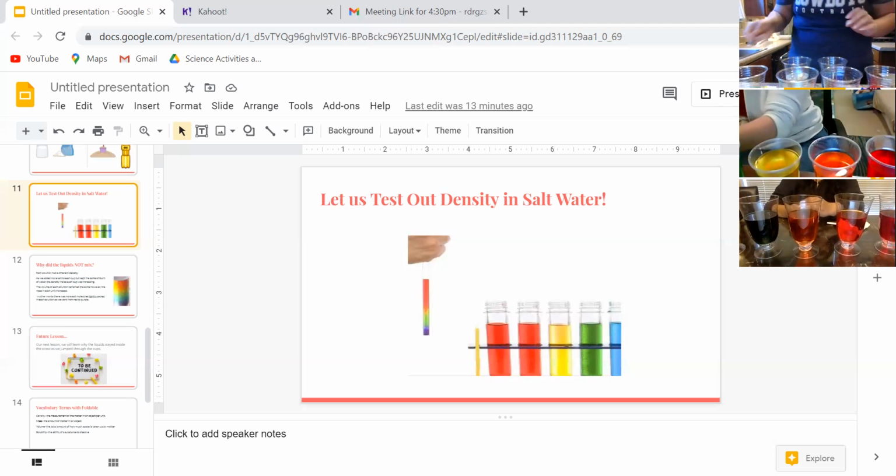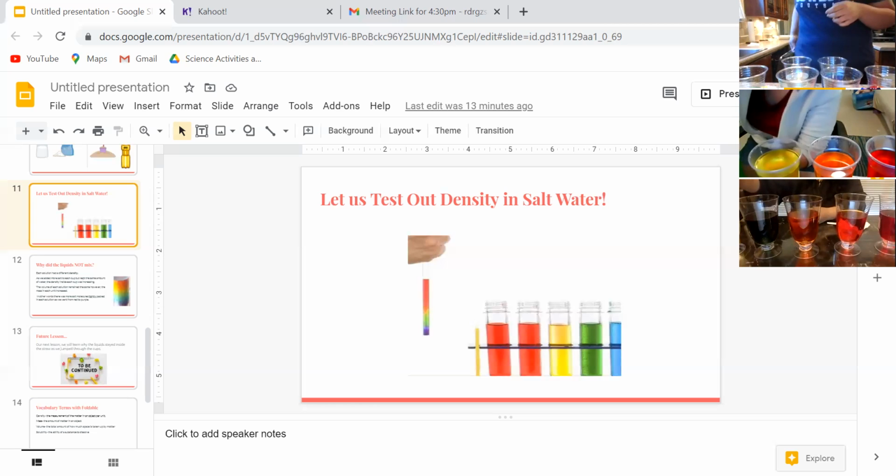Is the next one blue? Yeah, it's green and then blue. And after blue, is it purple? Yes, ma'am. So then for this one, we're gonna add red and blue.